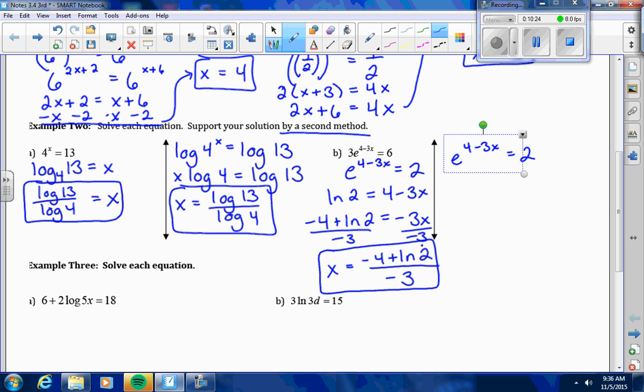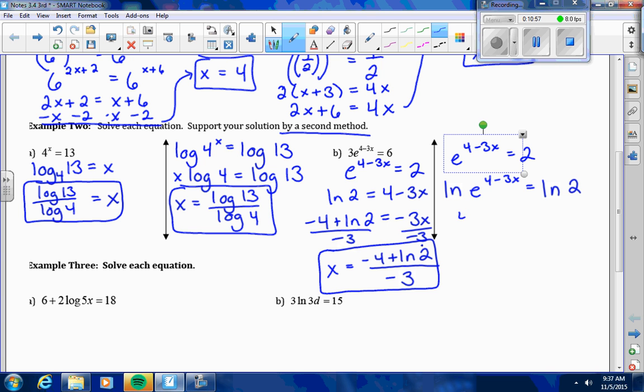Okay. All right, so the other way, we're at e to the 4 minus 3x equals 2. The other way says you take the log of both sides. So in this case, we're taking the natural log of both sides. So natural log of e to the 4 minus 3x equals the natural log of 2. Now, when you do the natural log of e to the 4 minus 3x, what are you left with? 4 minus 3x, because the natural log and e, they're basically canceling out.